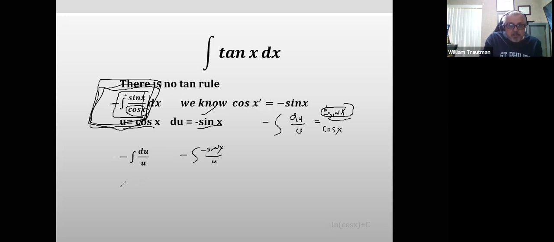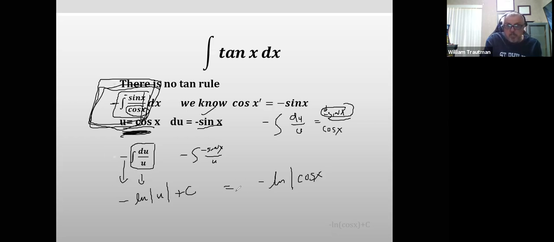All right, this is where we're at. And when you integrate this, you get the natural log of u plus c, and there's a negative in front. So my answer is negative natural log of cosine x plus c.